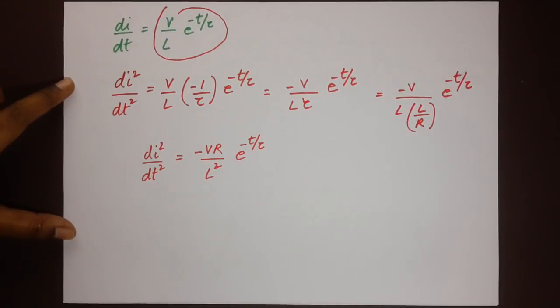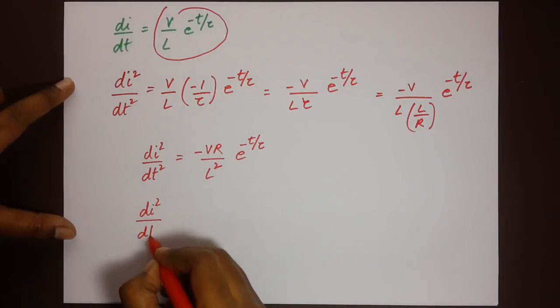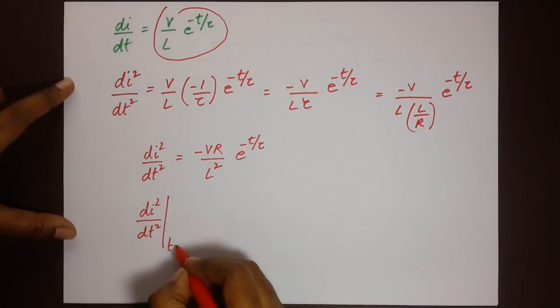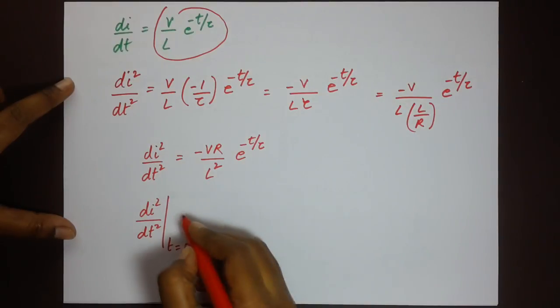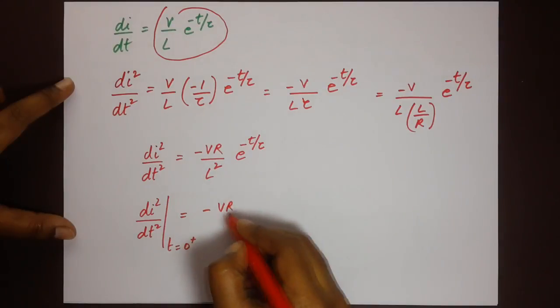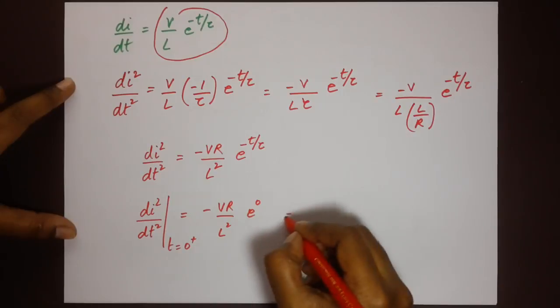The question says to find out the value of di square by dt square at t is equal to 0 plus. So let's substitute t is equal to 0 into the expression. Minus VR by L square e power 0.